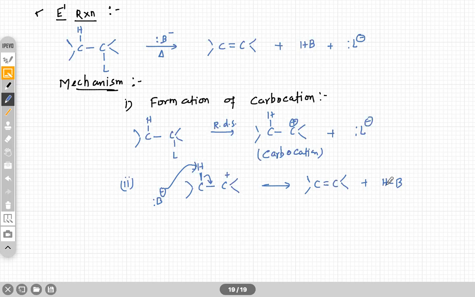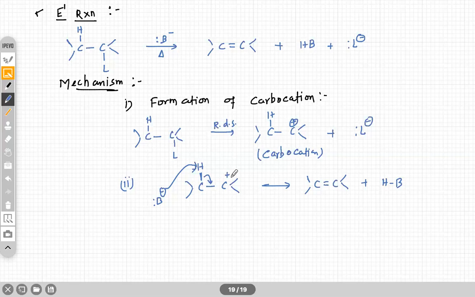Now, one thing is important here. We don't require a very strong base over here, a very strong nucleophile. Because if the base that you're using here is very strong, then it would attack on this carbocation from which the leaving group goes out, and we'll get the substituted product, not the elimination product.